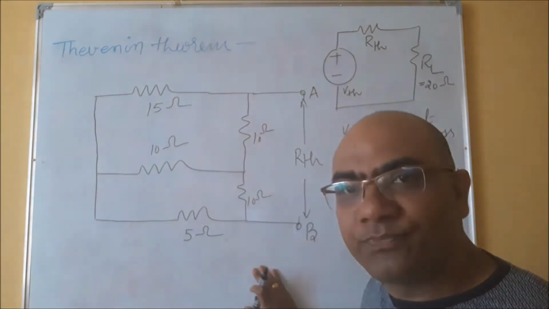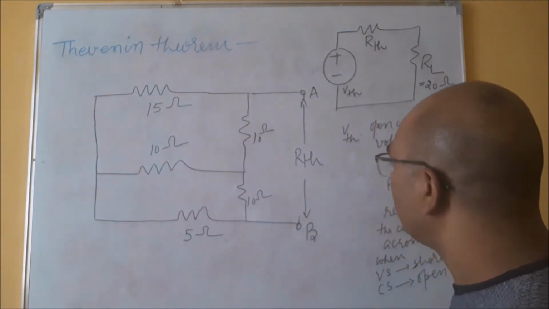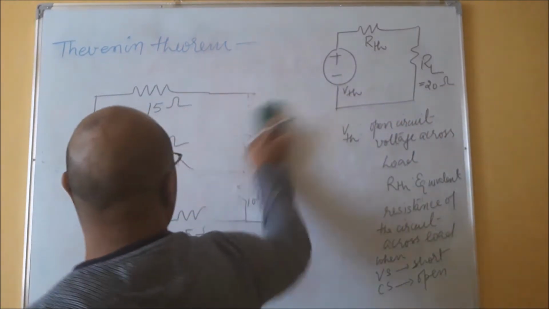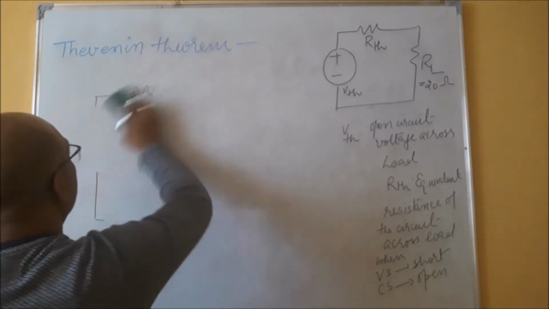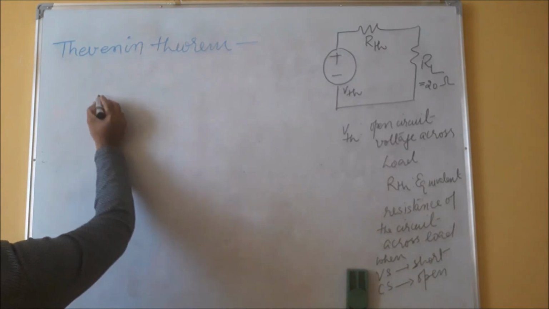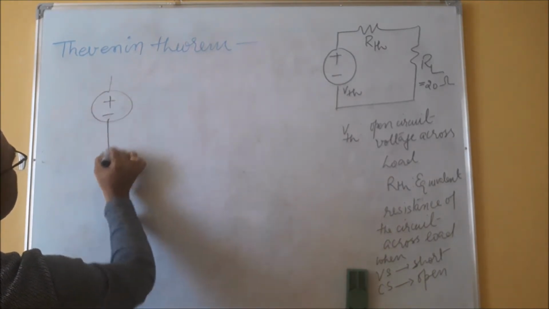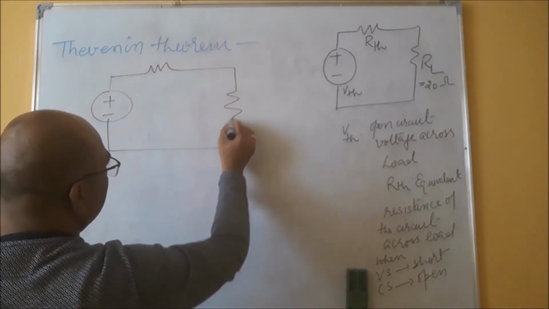Is it fine? So you see, in this way, if we know the value of RTH and RL, for this circuit, again I am drawing VTH, RTH, RL.